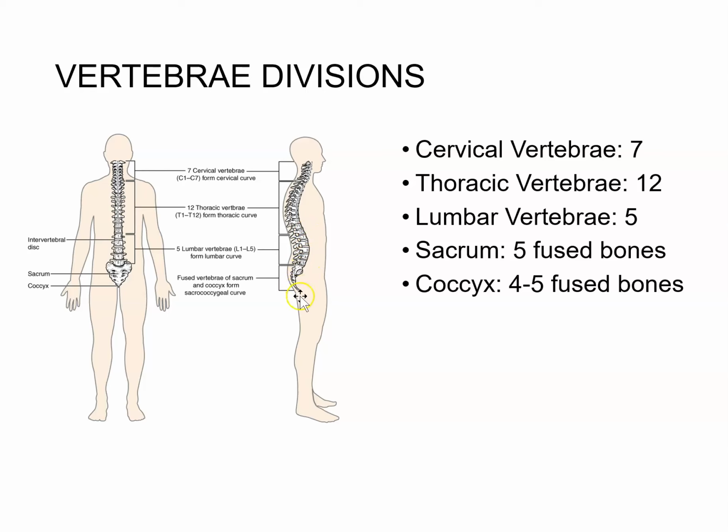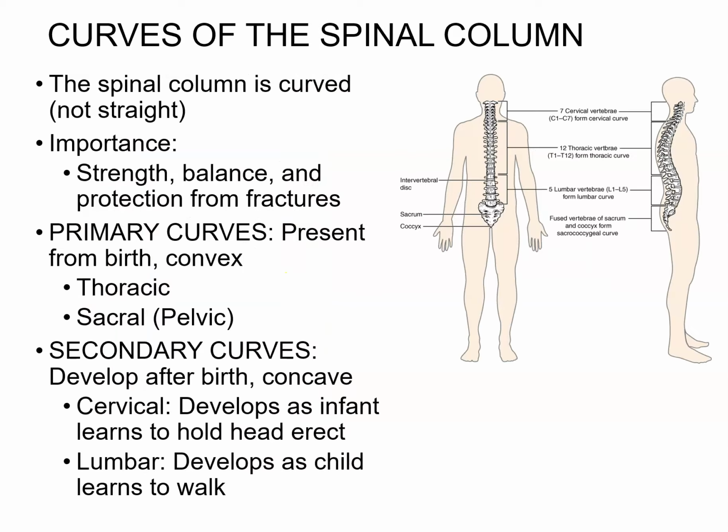Notice that this vertebrae has a good deal of curvature in it in multiple places. We actually aren't born with all of those curves at first. There are primary curves, curves that we have from birth, and then there are secondary curves that develop after we're born because certain things begin happening in the body.